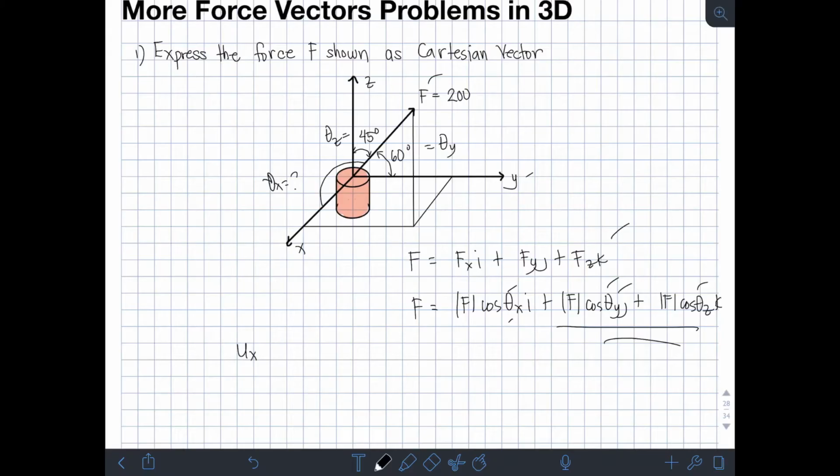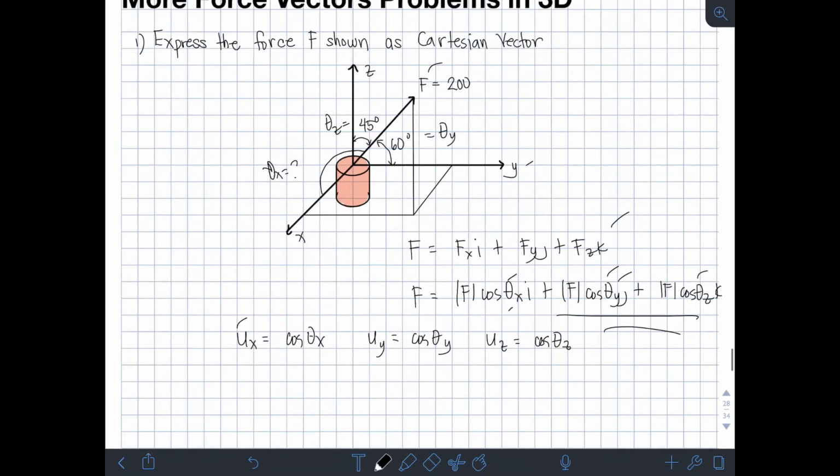Tapos, in-equate natin yon sa video ko about vectors in 3D, right? Yung u sub x equal siya sa cosine theta x, yung u sub y is equal to cosine theta y, and u sub z is equal to cosine theta z. Ito yung mga component ng unit vector in the same direction as another vector.